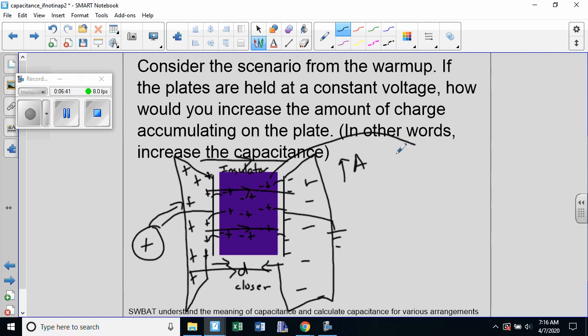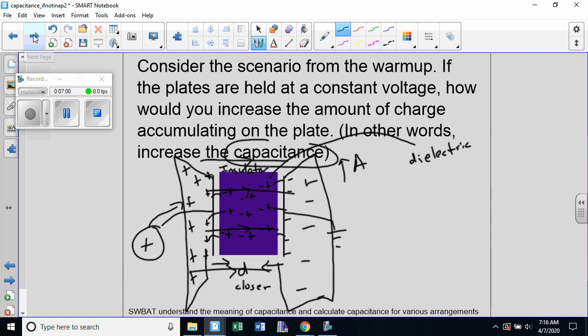What we call this inside is a dielectric material. It is an insulating material that we've put inside of the capacitor to increase the electric field, to strengthen the electric field and make our capacitance a little bit higher.